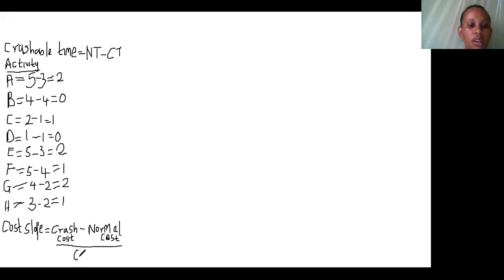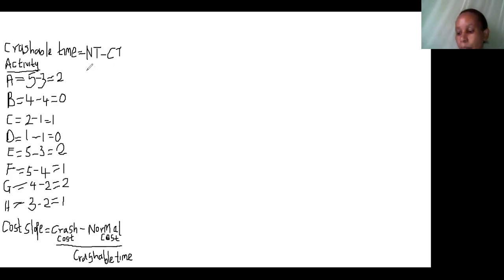You bring in your crushable time here, and you have to make sure that it is the correct crushable time for every activity in the project. If the extra cost is already given, you don't have to go through this stage; you just use what you have been provided. If the cost slope is not given, compute it first.